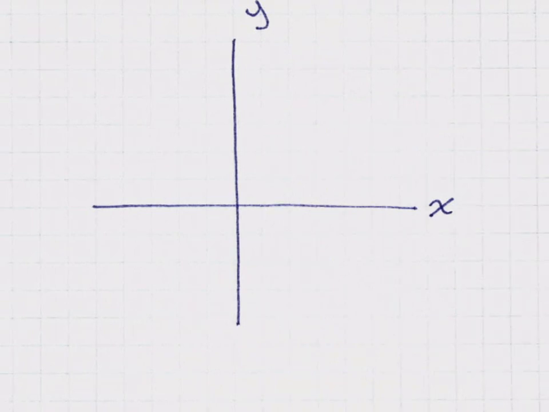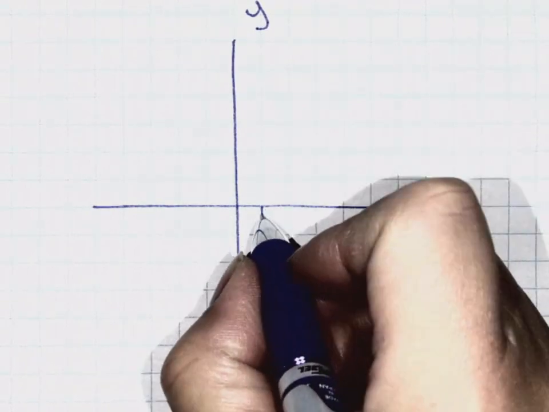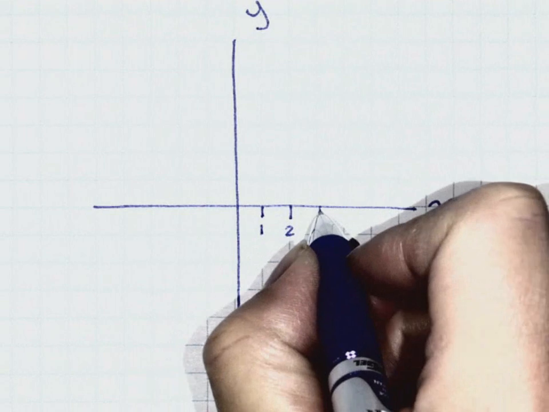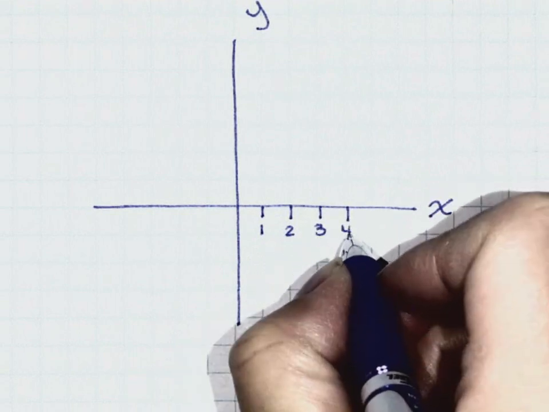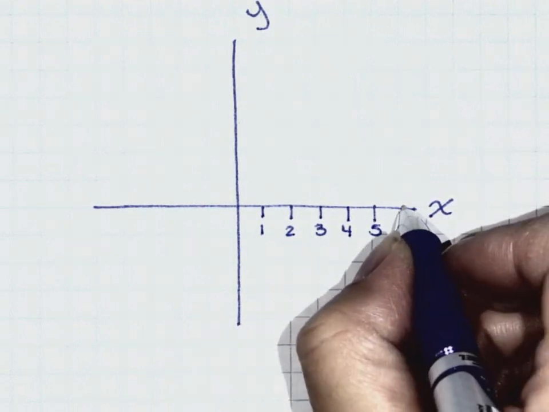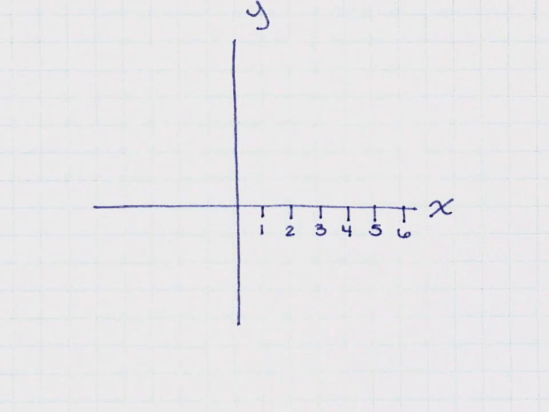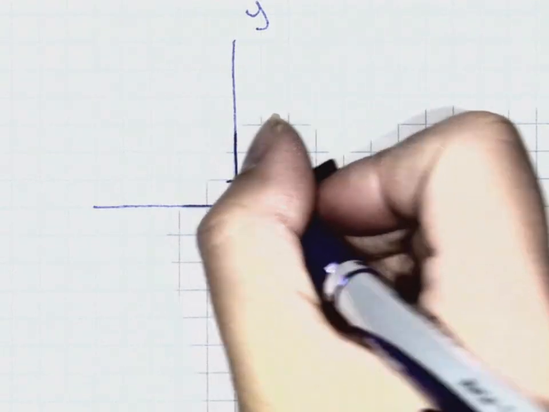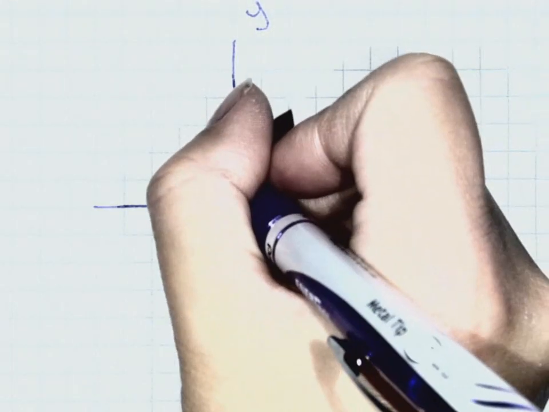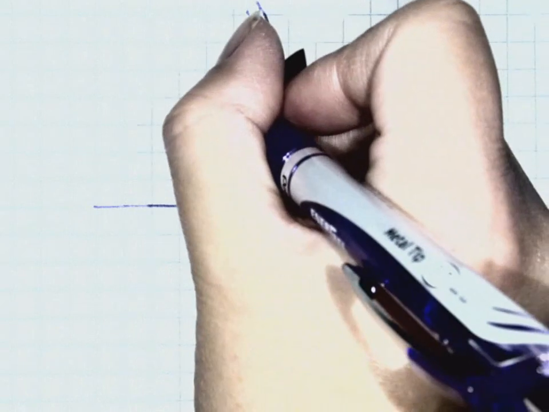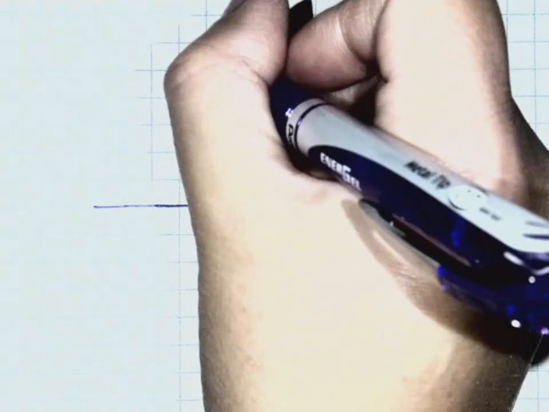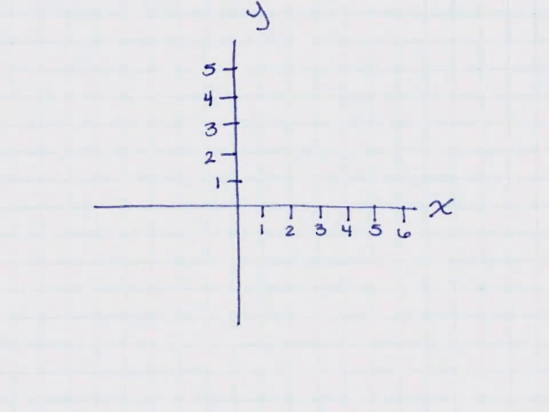And when we graph a point, we have to label these increments. Maybe this would be 1, this would be 2, this would be 3. These all have to go up in the exact same amount. So each tick, each increment, is worth the same amount. And those are the positives, but we also have negatives.